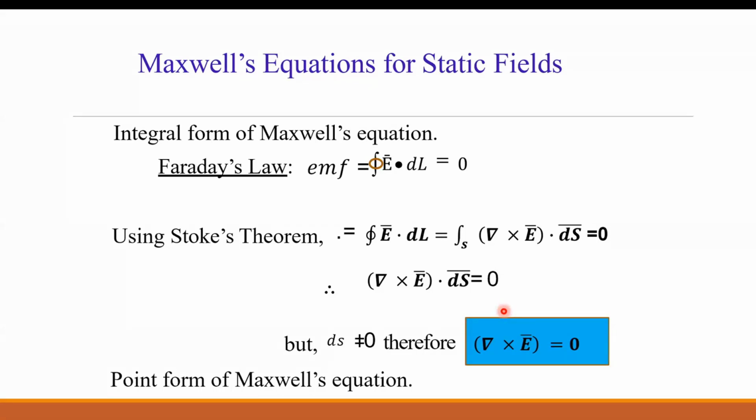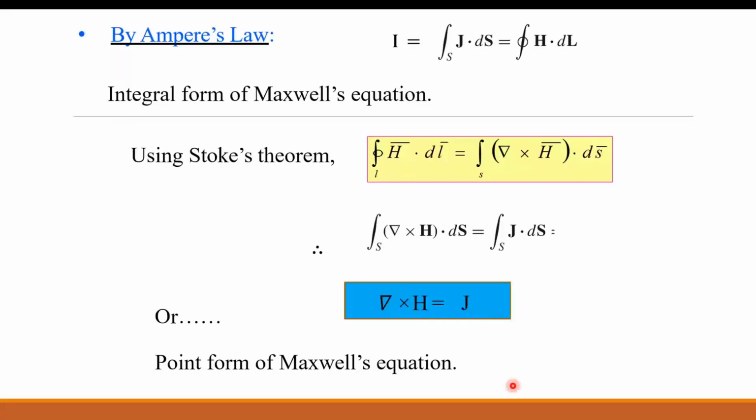The second Maxwell's equation relates H dl with I and J. According to Ampere's law, closed line integration of H dl is equal to I, and by Stokes theorem we know that closed line integration of H dl is equal to the surface integration of del cross H, that is curl of H, dot ds.